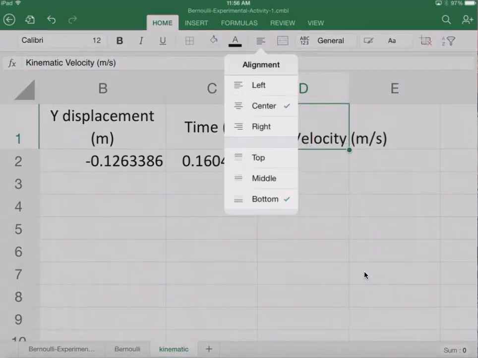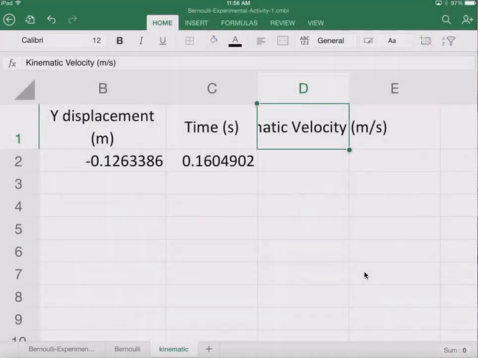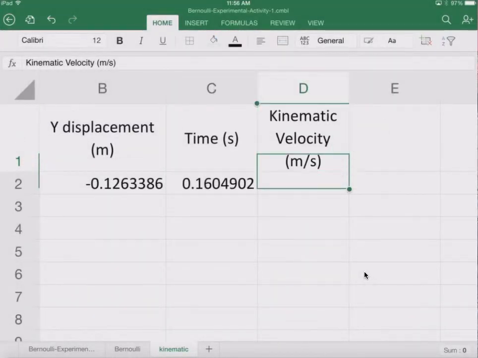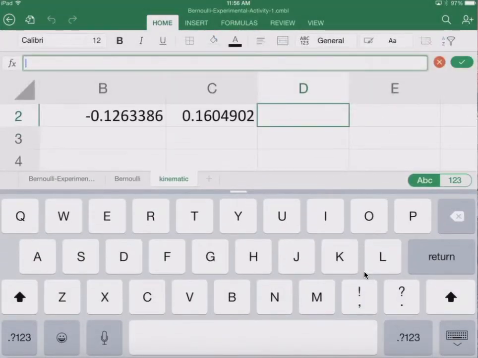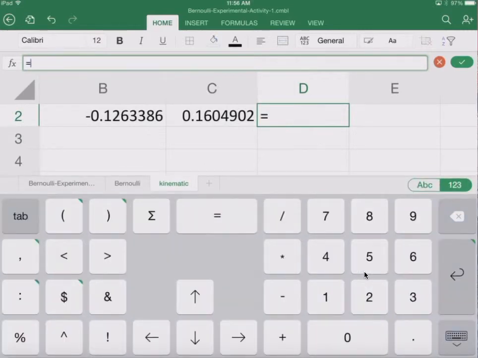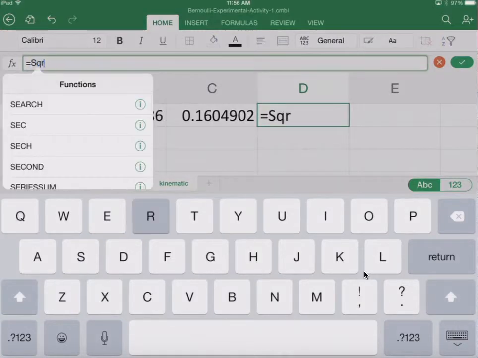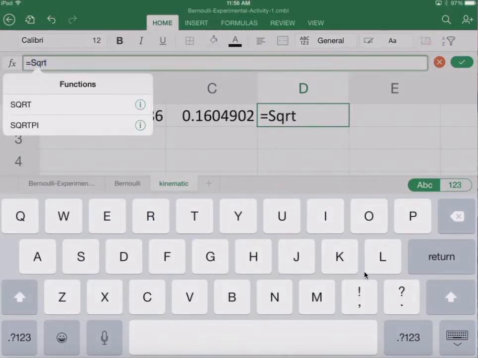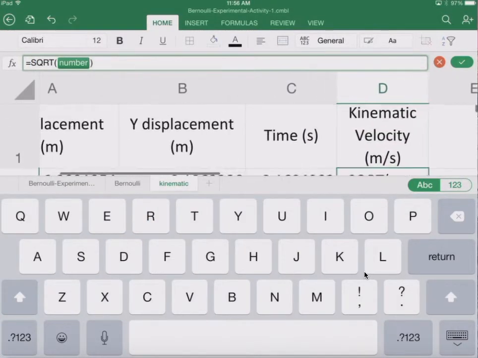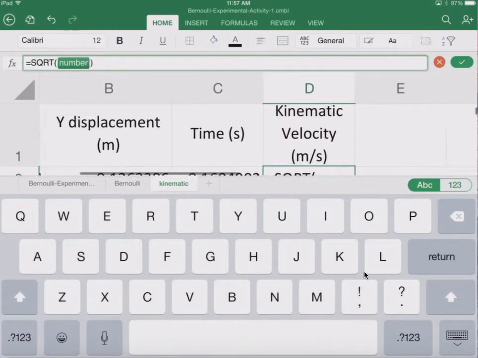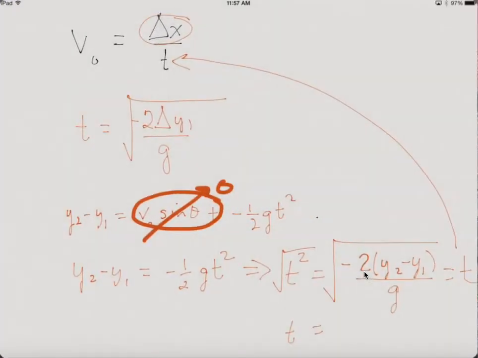So let's center and wrap this. It's going to be equal to the square root, SQRT, of our, let's go back and look at the theory a little bit. Square root of a negative 2 times y sub 2 minus y sub 1, divided by this. So let's pull this back over.